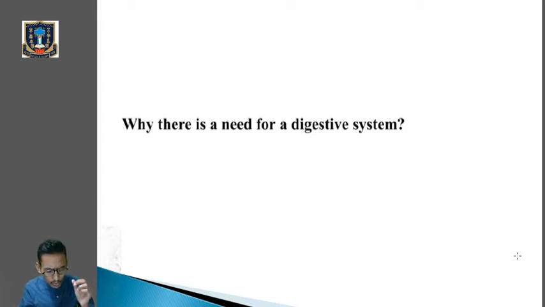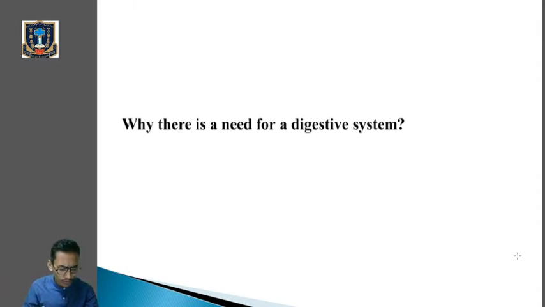Certain foods containing sucrose are already soluble in water, but they require the breaking down of their molecules into smaller units so they can pass through the cell membrane or the wall of the gut. Those food particles must be broken down into smaller units so that they can be easily absorbed by the cell, or easily pass through the wall of the digestive system.